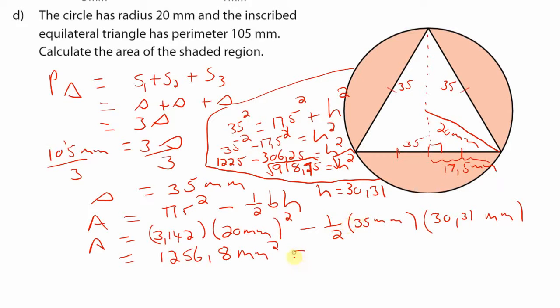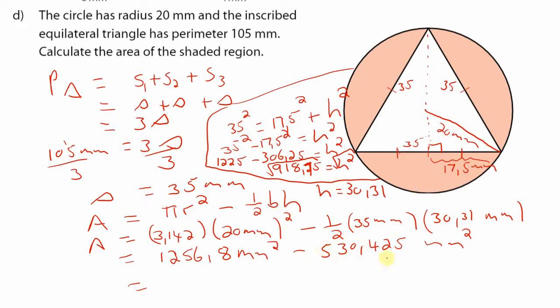We can calculate the area of the triangle. So we have half, or 0.5 times 35 times 30,31, which is 530,425. Millimeter times millimeter is millimeter squared.